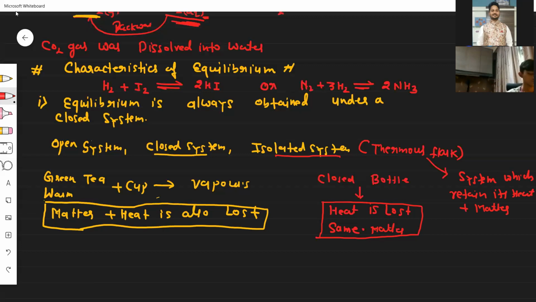So I was giving you the first characteristic of equilibrium. You asked me what is a closed system and what it means. You must have seen a cylinder filled with a gas. Unless there is a closed cylinder, you are not able to feel the pressure.